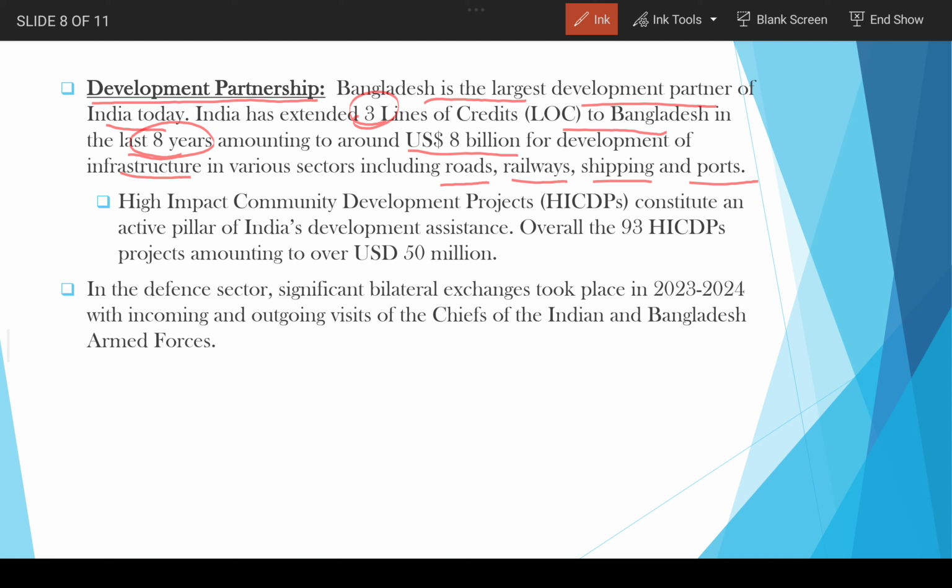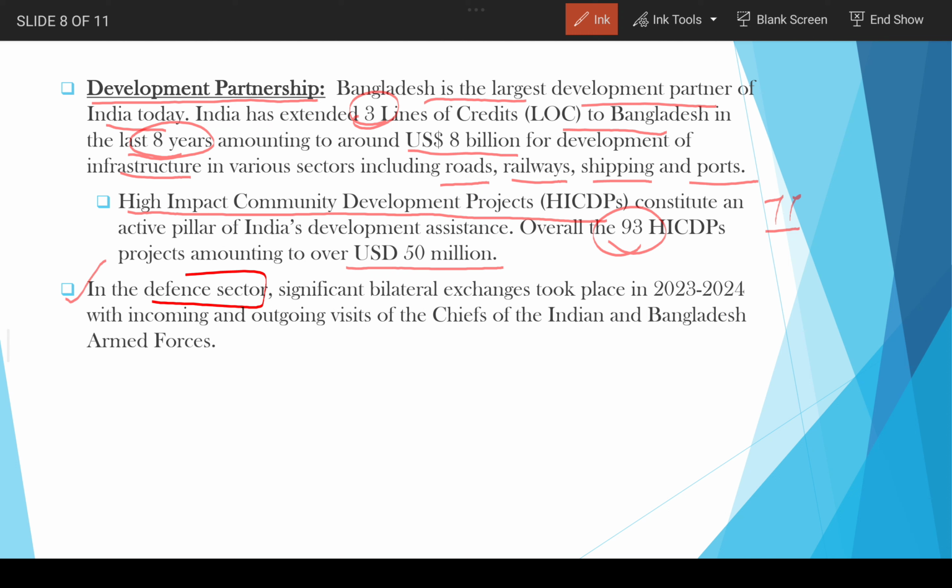And also there are some high impact community development projects. Overall, there have been 93 high impact community development projects which amount to $50 million. India is providing assistance in these projects. 77 have been operationalized and others are in process. Okay, this is about the development partnership.